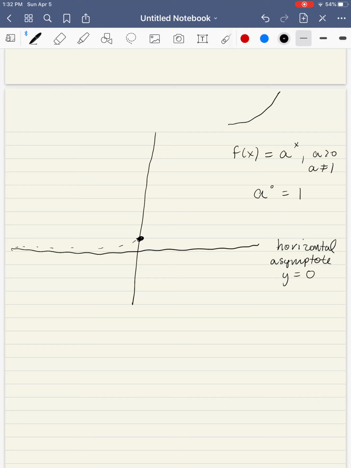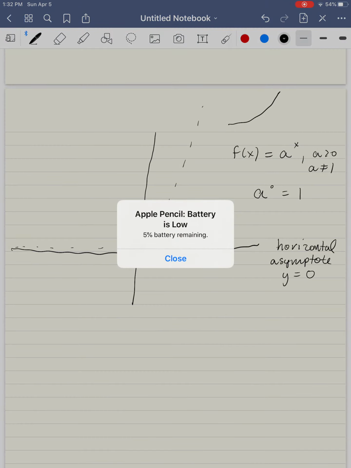And notice that this asymptote doesn't have anything to do with the asymptotes that we learned about with rational functions. I mentioned at that point that the asymptotic behavior is the name of the behavior, but it occurs for many different reasons. And we're also going to see that the graph is going to curve upwards like this.